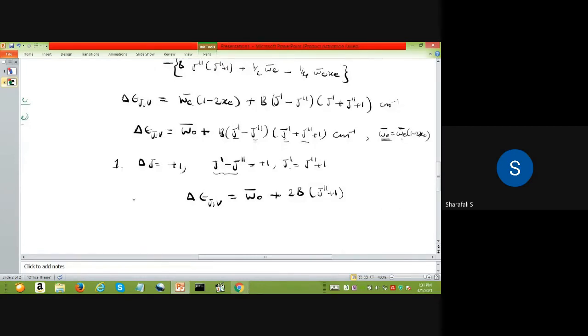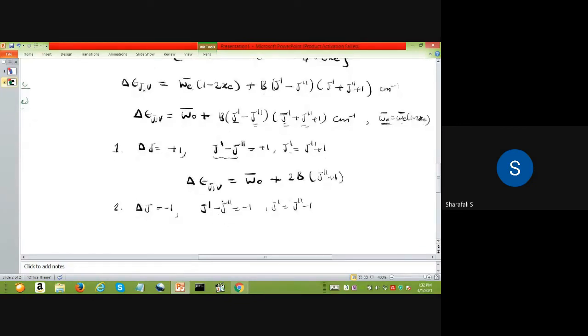And in the second case, we have ΔJ equal to minus 1, which means that J' − J'' is equal to minus 1, or J' equal to J'' − 1. So in this case, what will happen?